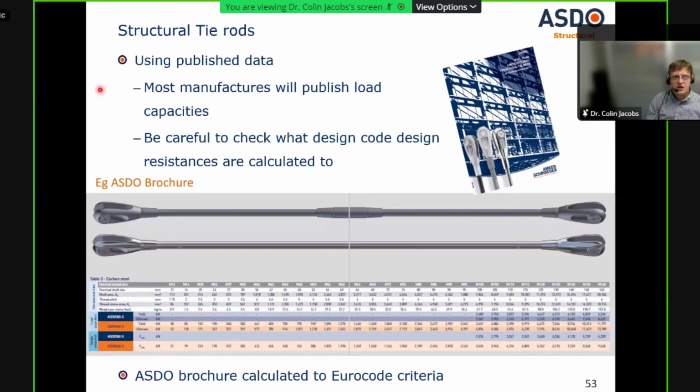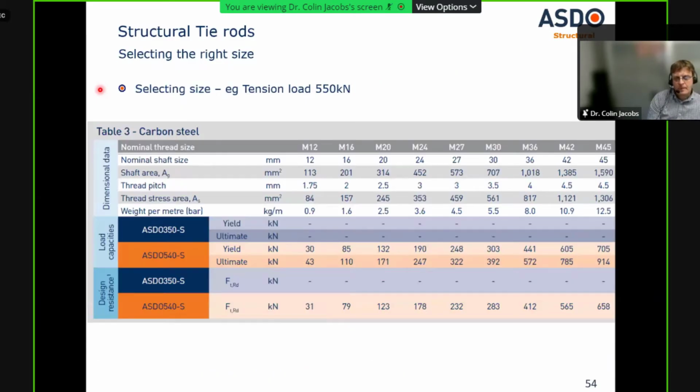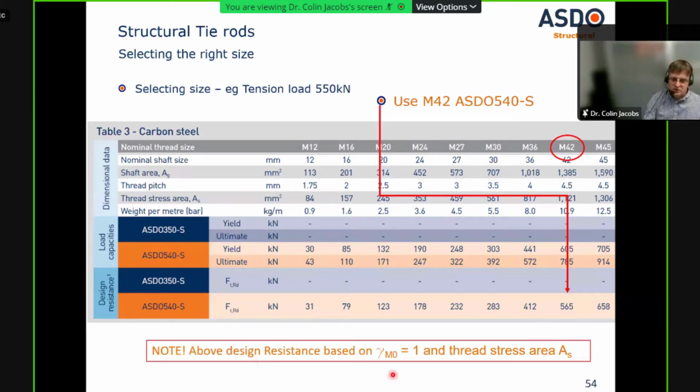It's something we're looking to change soon, and then to help engineers in India publish different calculation methods depending on what code they're working to. So typically you just select the load based on what your design load is, and it gives you back your diameter. But do be careful to check what partial factors and what stress area have been used.